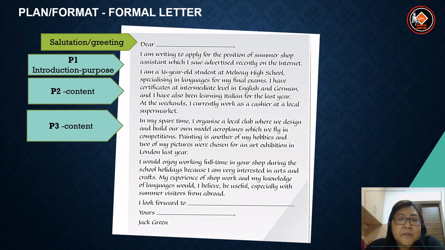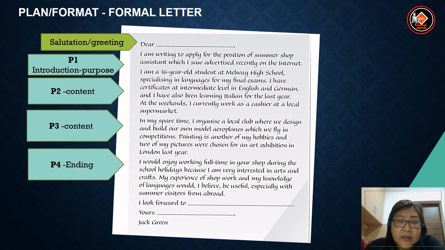And then we have paragraph 3, also the content. In my spare time, I organize a local club where we design and build our own model aeroplanes, which we fly in competitions. Painting is another of my hobbies, and 2 of my pictures were chosen for an art exhibition in London last year. And then we have the ending here.